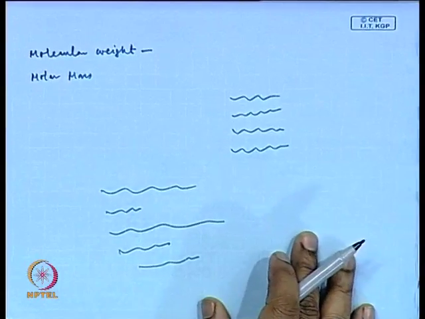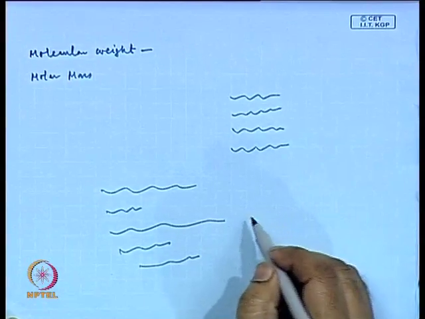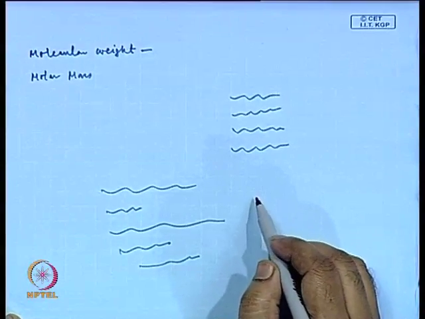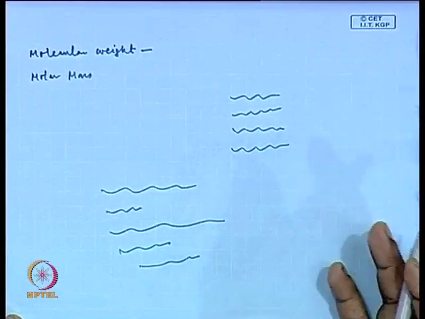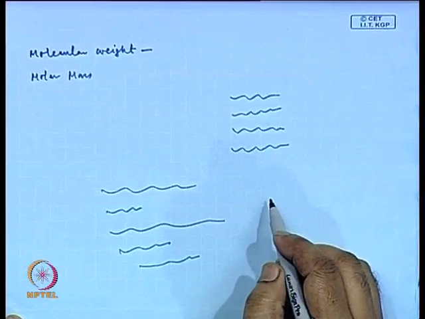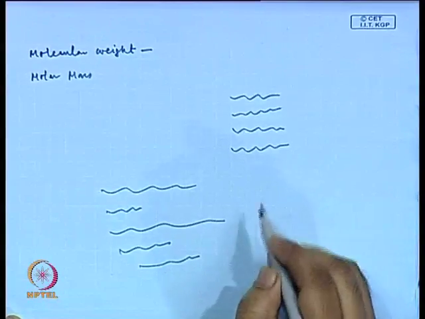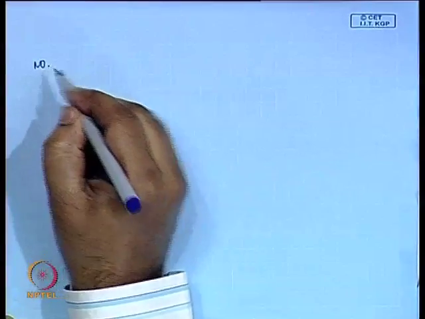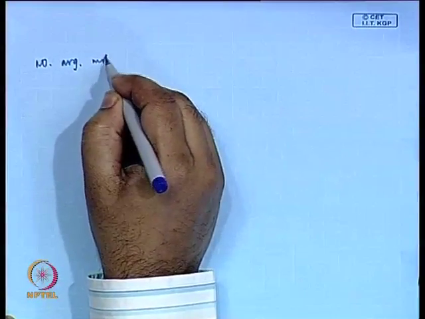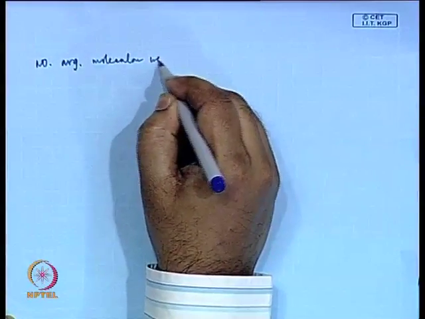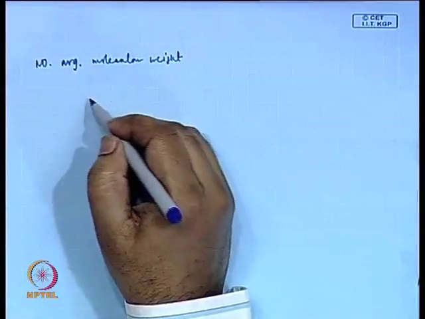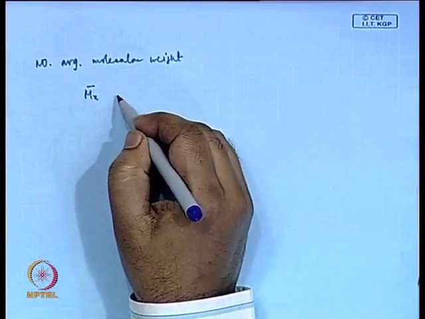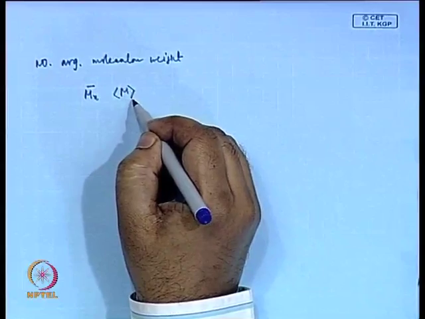So, how are polymer molecules defined? A simple arithmetic average, total weight divided by the number of molecules, gives us the number average molecular weight. Again, you can write number average molar mass as well. It is represented sometimes like this, some books write like this.